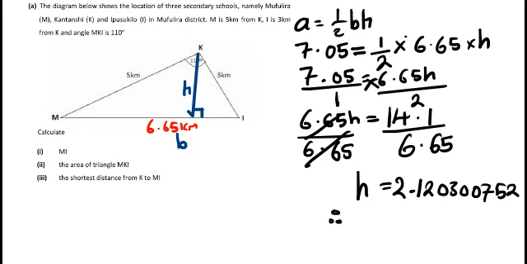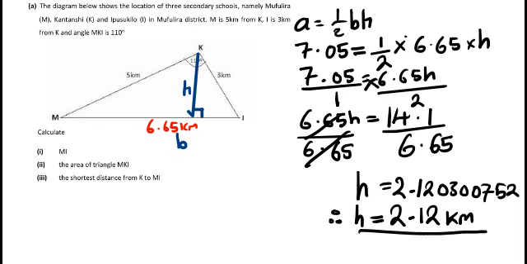H will be equal to 2.12. Here it is a 0, which is definitely less than 5. So you just say 2.12 kilometers, like that. Now, since this is the shortest distance, it must be the lowest distance when you compare 3 kilometers, 5 kilometers, and 6.65 kilometers. So that is our answer. So we have found ML, the area of the triangle, and the shortest distance.